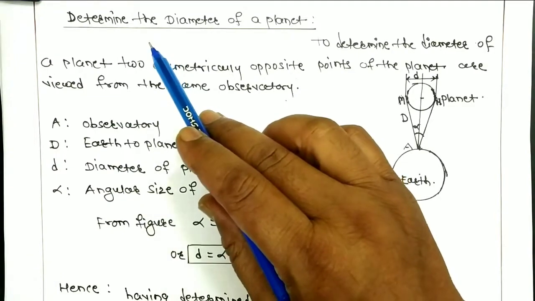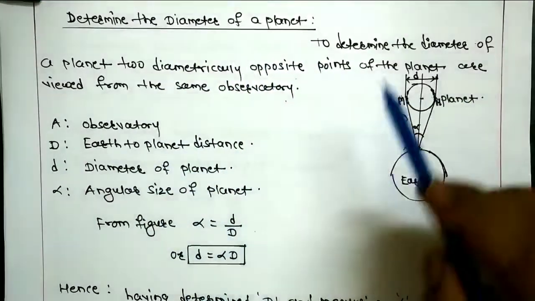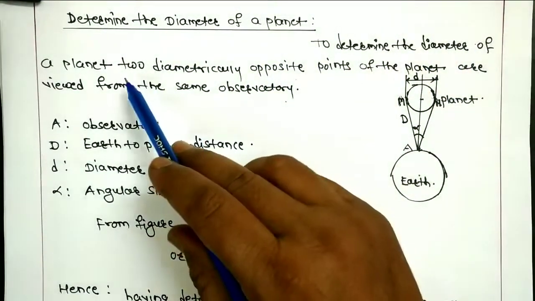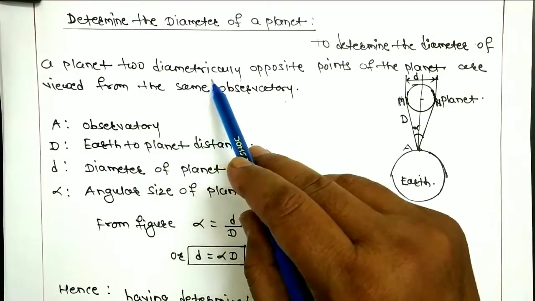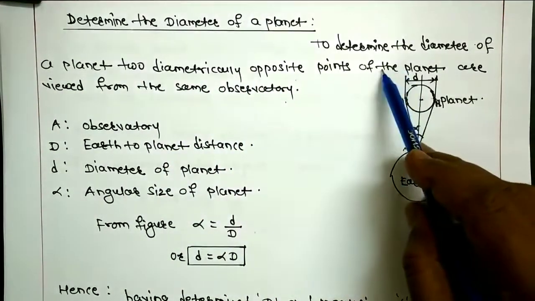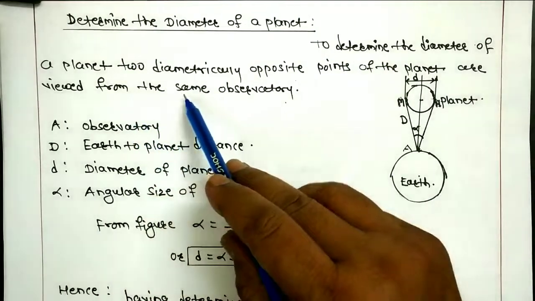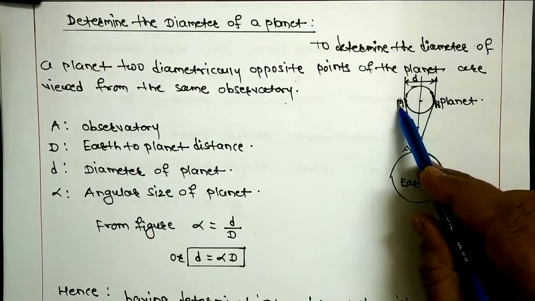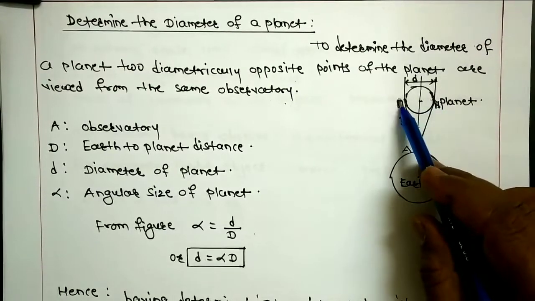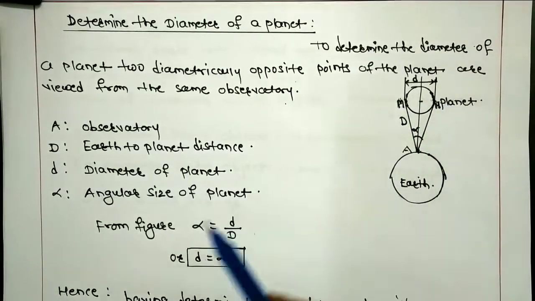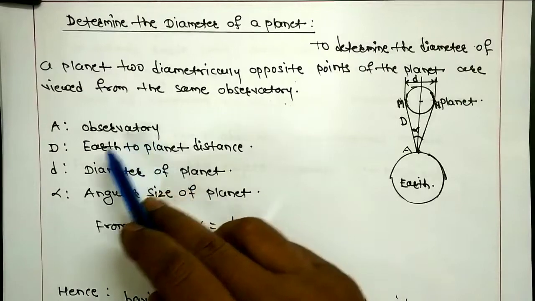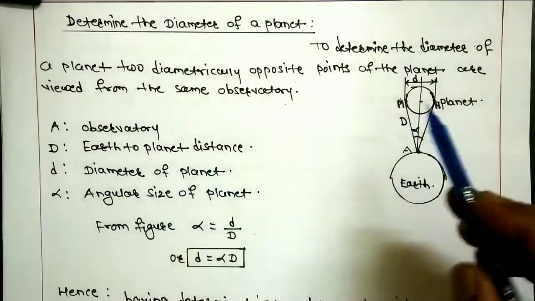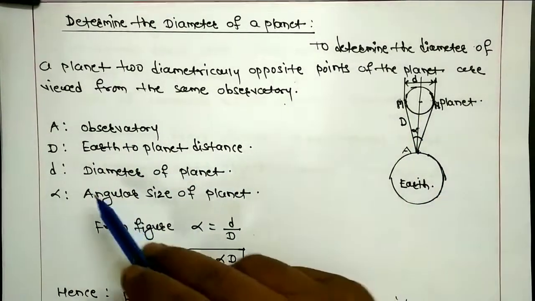Similarly, we can determine the diameter of a planet. To determine the diameter of a planet, two diametrically opposite points of the planet are viewed from the same observatory. Here A is the observatory and M and N are the two diametrically opposite points. D is the earth to planet distance.